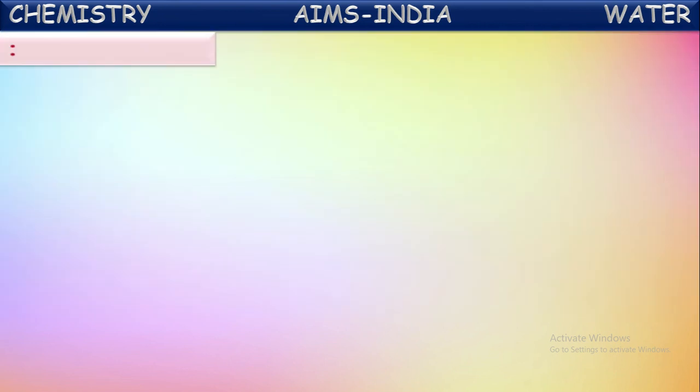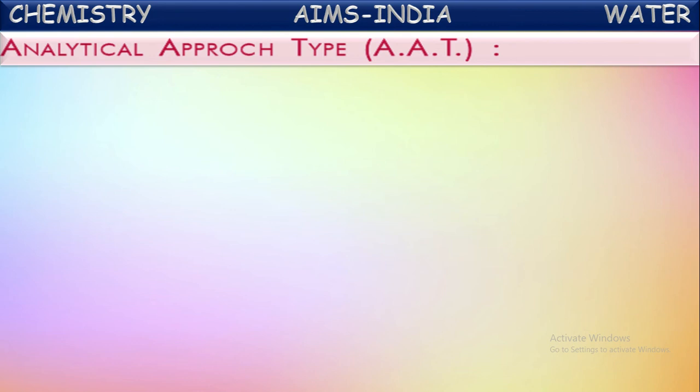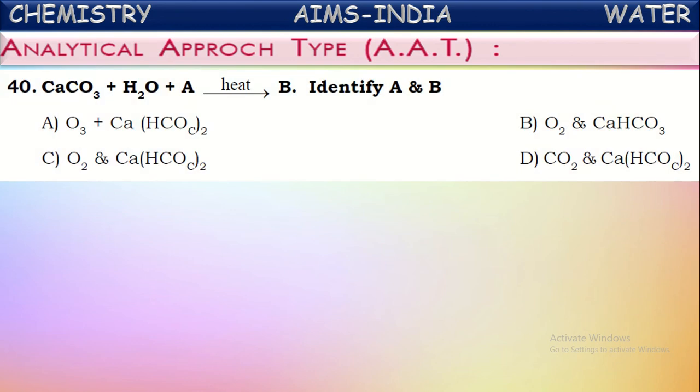Okay, next one. Analytical approach type questions. See the first one among these. Calcium carbonate on reaction with water and some other substance A gives B. What are these A and B? Try to identify this.